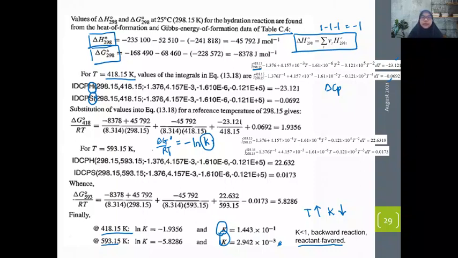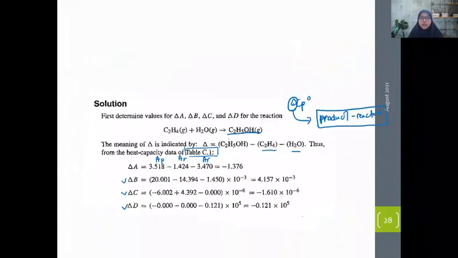The important equation is delta G standard over RT equals minus ln K, and delta G standard can be obtained from the equation of delta H standard at reference and delta G standard at reference once we perform the integration of the equation.